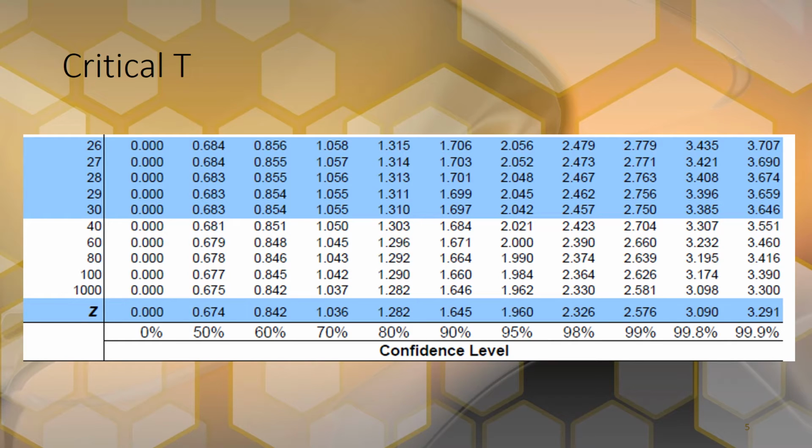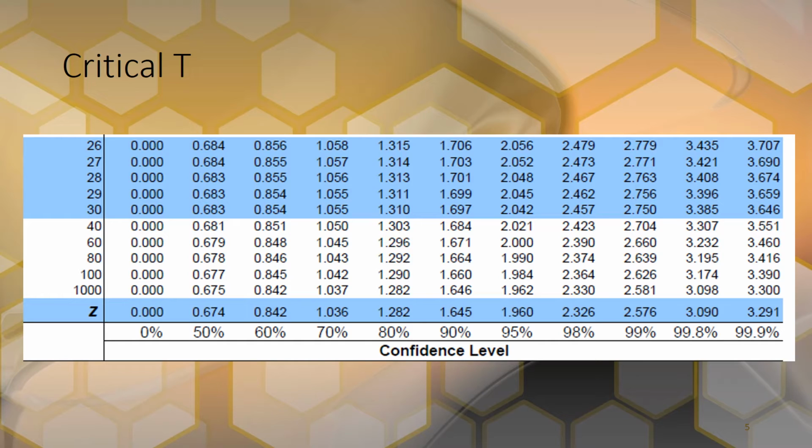Here is a portion of the t-table, and the top of it has more degrees of freedom, and then it also has other things at the top that you can use for other purposes, but for our purposes right now, we want to know the confidence level and do a confidence interval. So the bottom is where you're going to find the confidence level, and then the first column is the degrees of freedom.